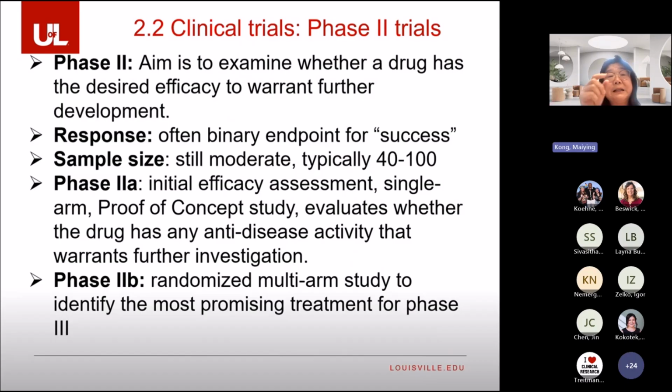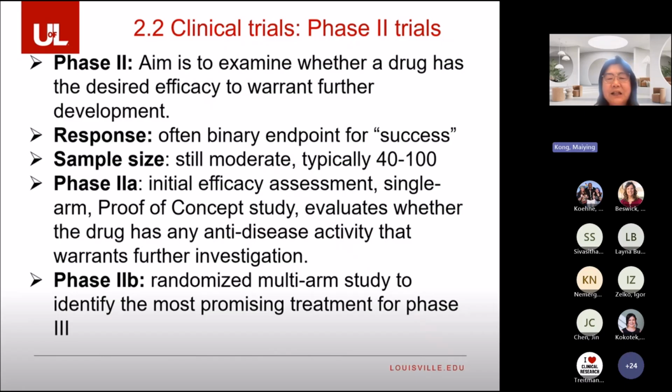trial. In a phase 2 trial, the aim is to examine whether a drug has the desired efficacy to warrant further development for phase 3. The response is often a binary endpoint for success. Sample size is moderate, typically 40 to 100.